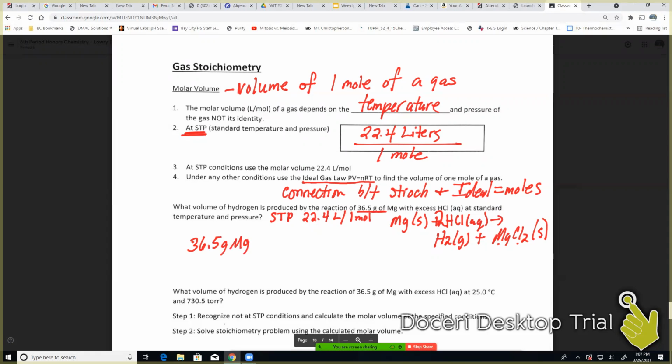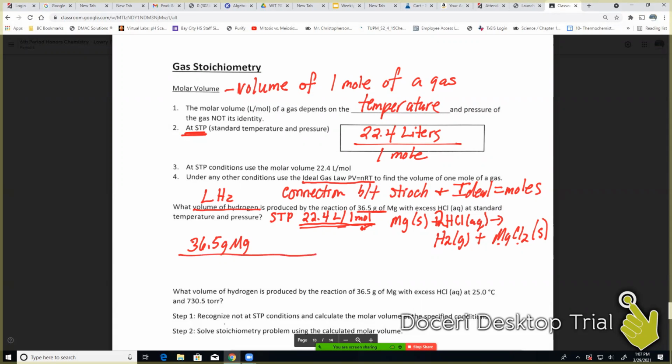And I want to get to volume of hydrogen, so I want to get to liters of hydrogen. It is at STP, so that means I could use this 22.4. So if I could get to moles of hydrogen, then I could use that conversion factor to get me to liters. So that's what my goal is.